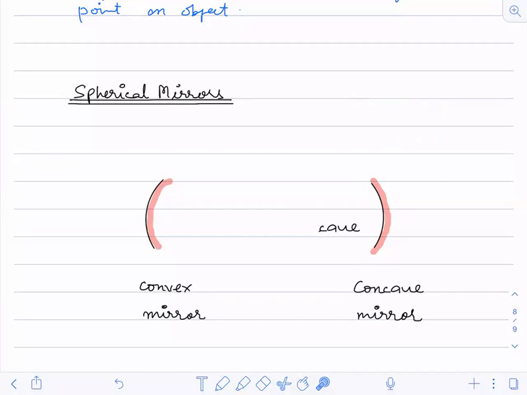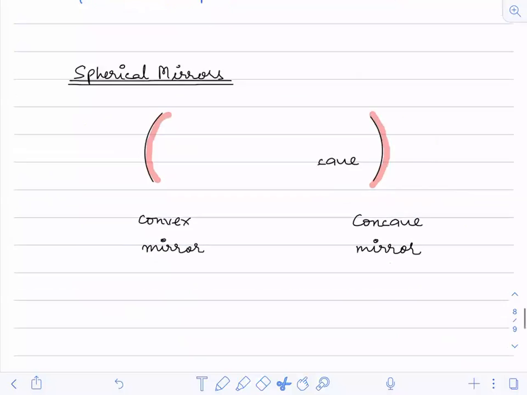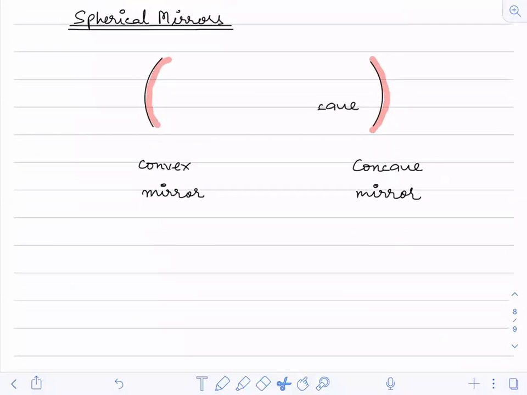Now after this we have to study some very small terminologies, which are very important, without which we cannot proceed further.